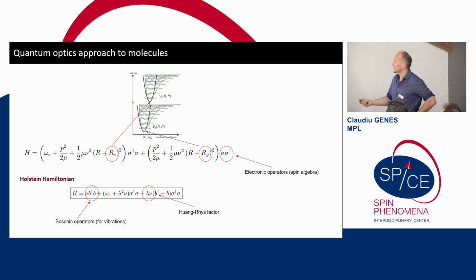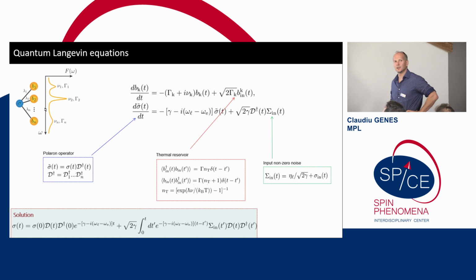So this is the only slide that I have with equations, just to point out the method. Again, the method is very similar to what one would do in optomechanics for single phonon strong coupling optomechanics. You look at the equation of motion for vibrations, and the equation of motion for a polaron operator, which is the electron dressed by the nuclear cloud.